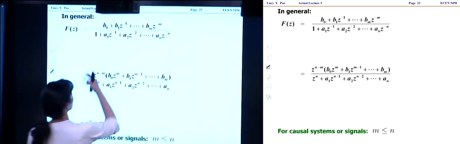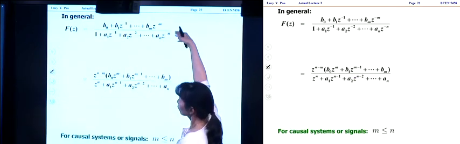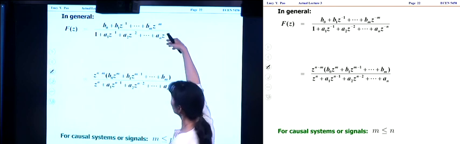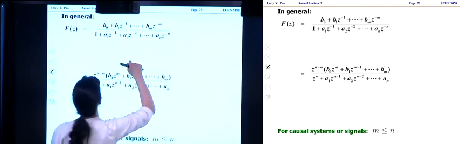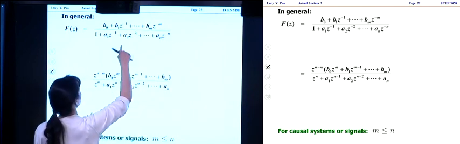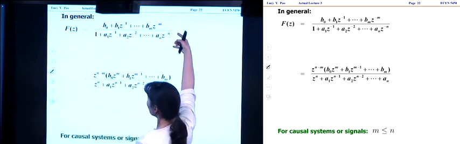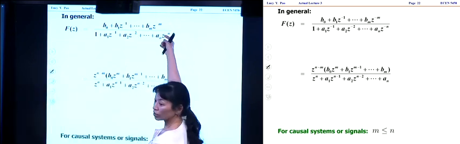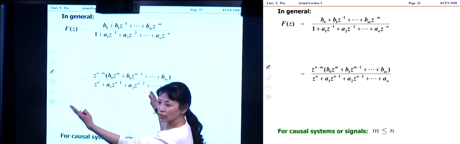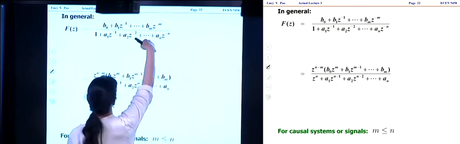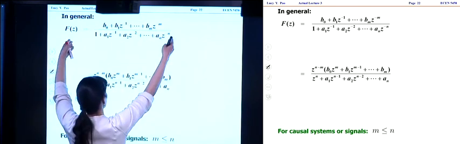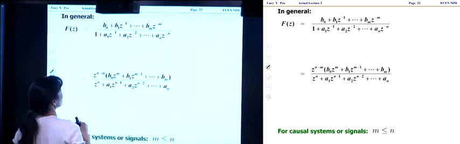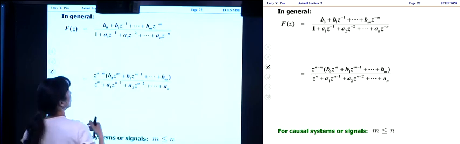All right. So in general, you'll have a transfer function of this form. You can obtain this by taking the z transform of, say, that general differential equation that we've looked at. So we'll see this as a general transfer function of a system or a transform of a signal.